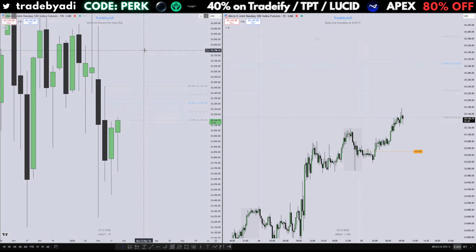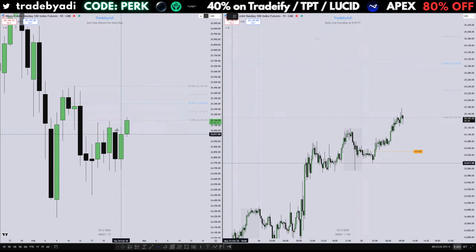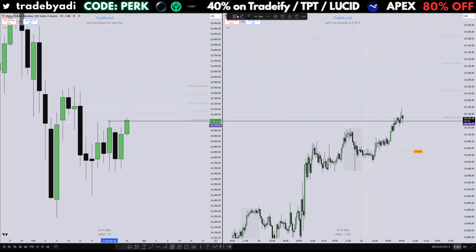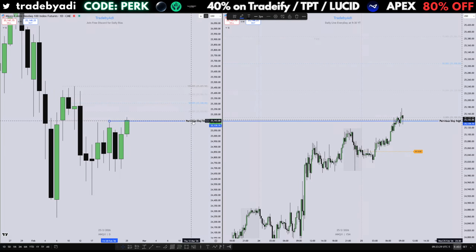Because on a daily I don't have any level, and also we have taken out this buy side liquidity. This was the previous high.